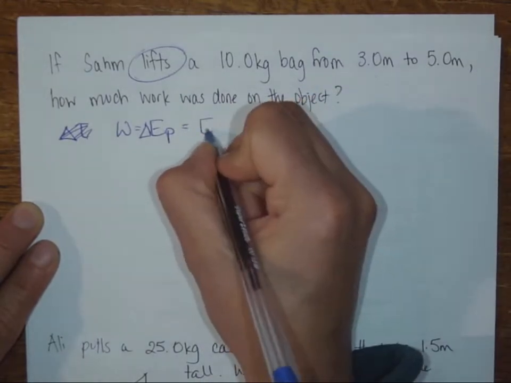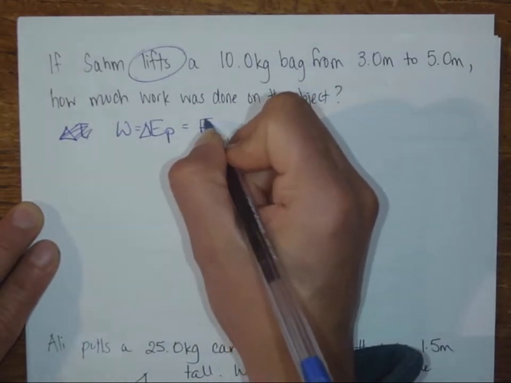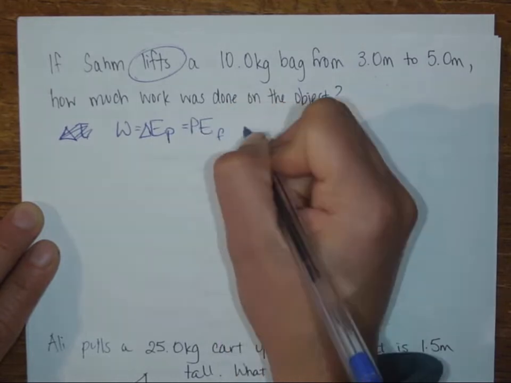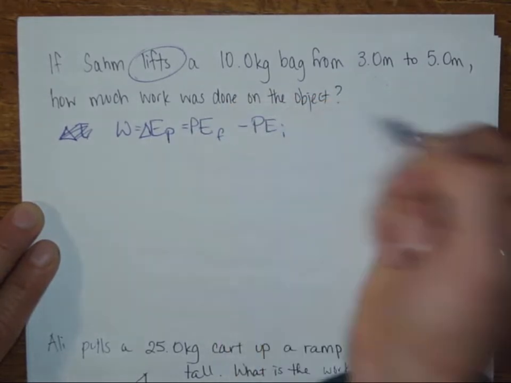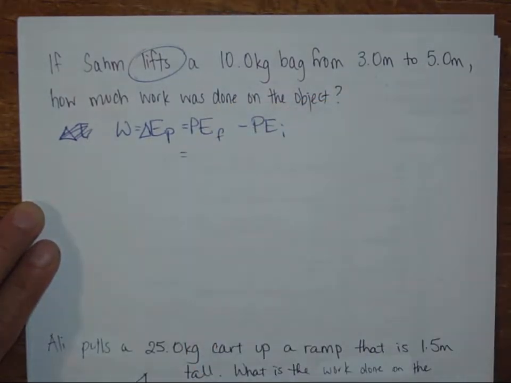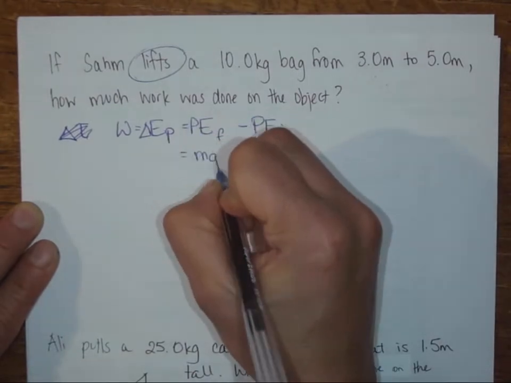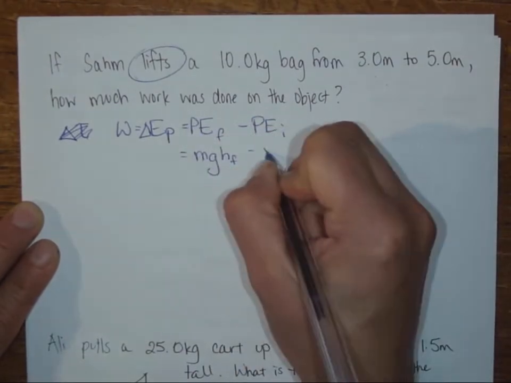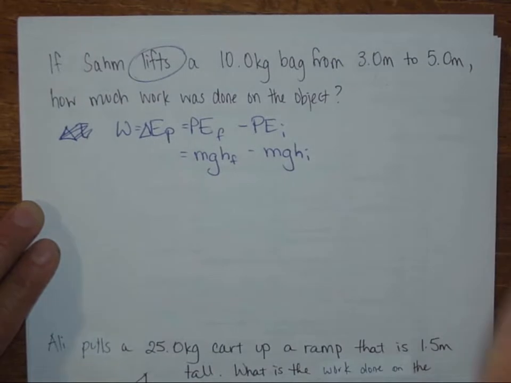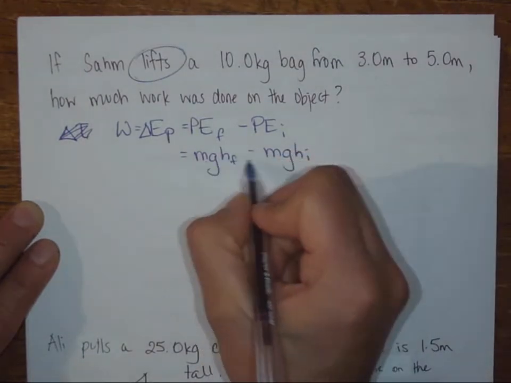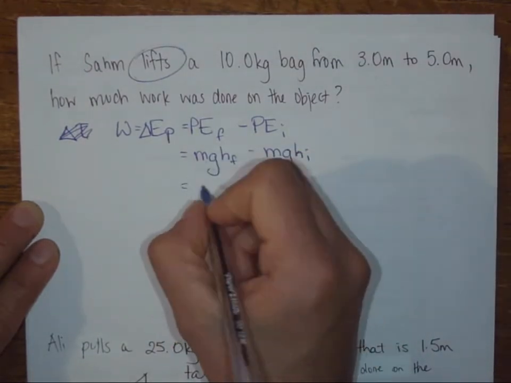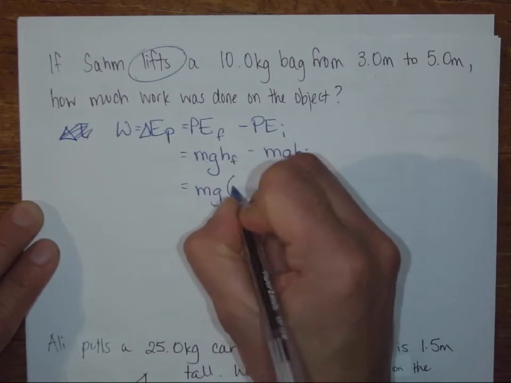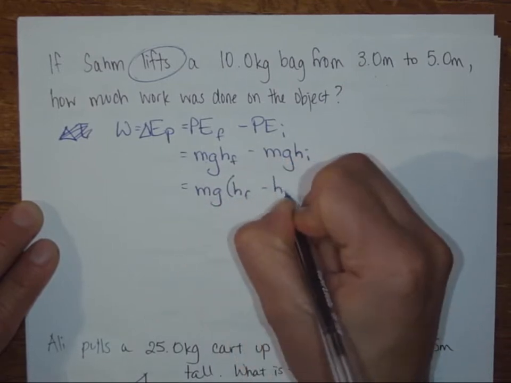I can also expand this to PE final minus PE initial. And I can even expand that further to mgh final minus mgh initial, or you can factor out those mgs so that you have mg(hf minus hi).